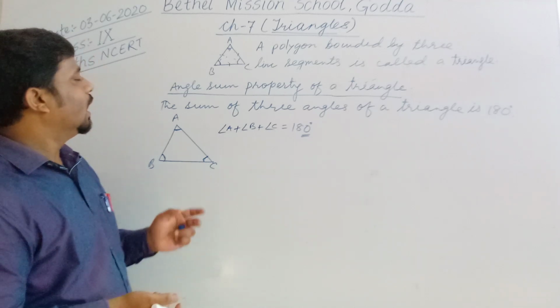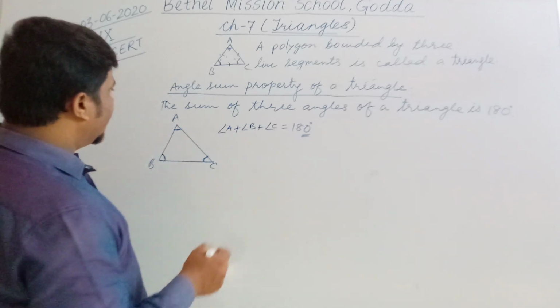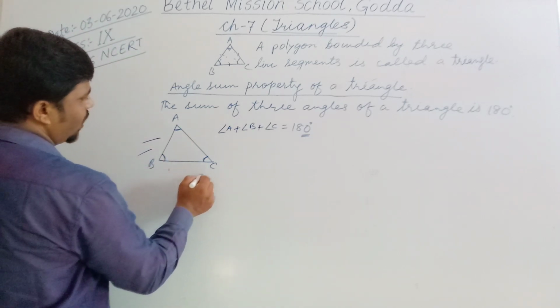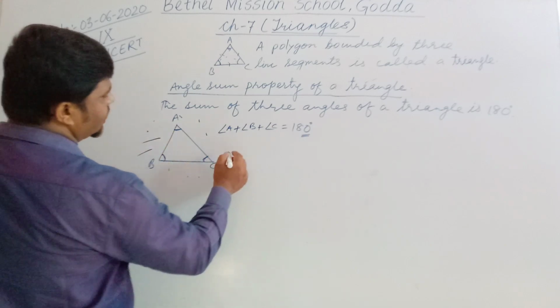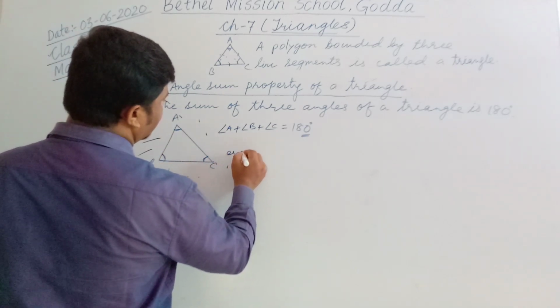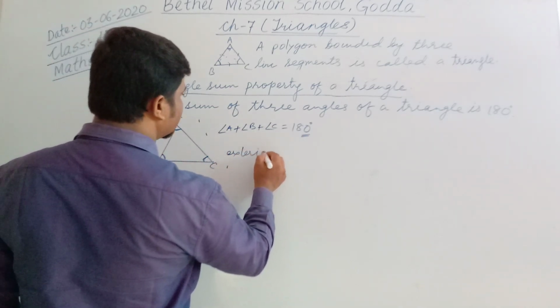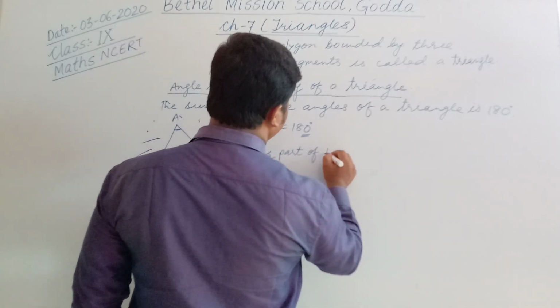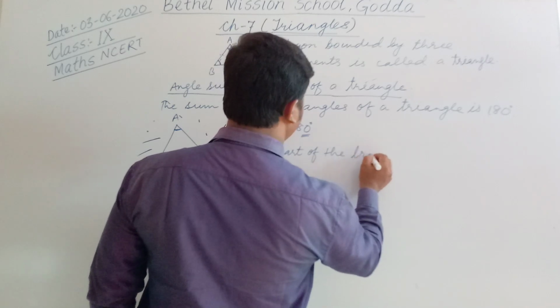Okay, and these all points outside are called the exterior part of the triangle.